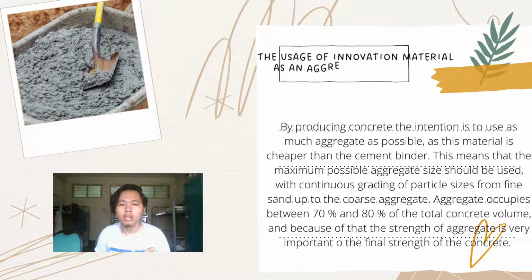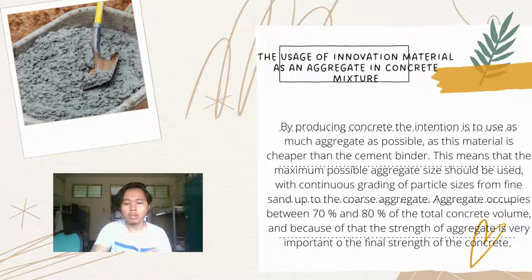Next, for the usage of innovation material as an aggregate in concrete mixture. In producing concrete, the intention is to use as much aggregate as possible, as this material is cheaper than the cement binder.